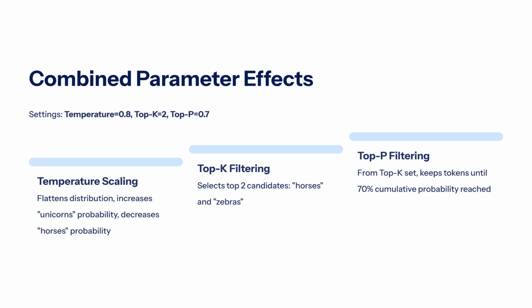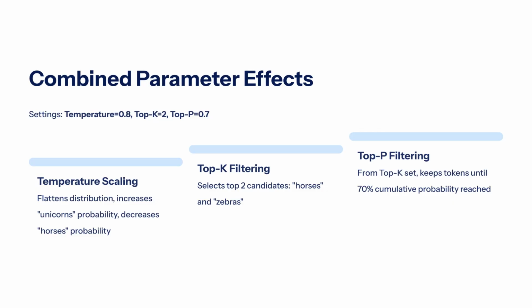So in this case, the model only considers horse because it's the only candidate which has 0.7 probability. However, if the top P value was 0.9, then the model considers horse and zebras as the next probable tokens.